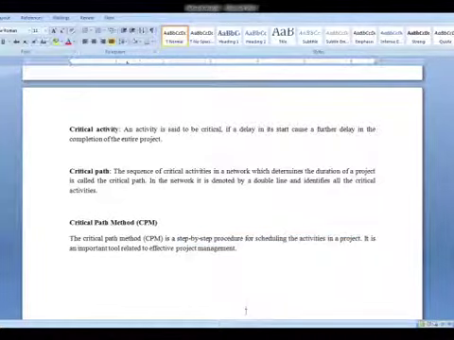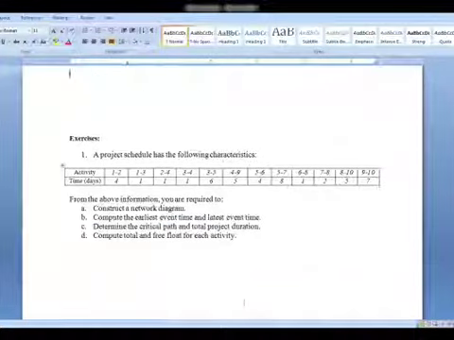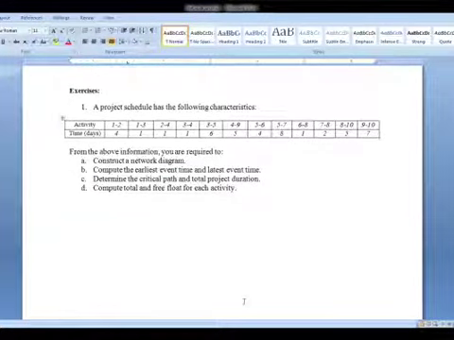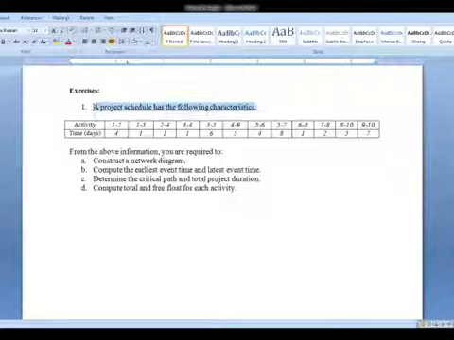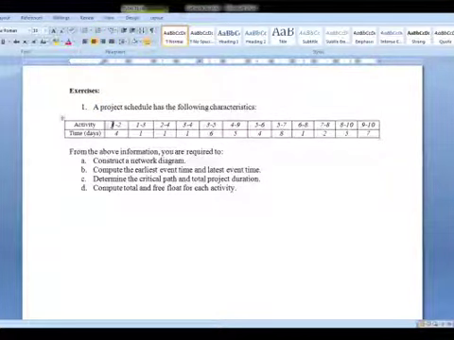Now, let us see this problem and try and understand how to solve using critical path method. In this particular exercise, it is given that a project schedule has the following characteristics. It means activities are there, and for each of the activities, they have given you time in days.